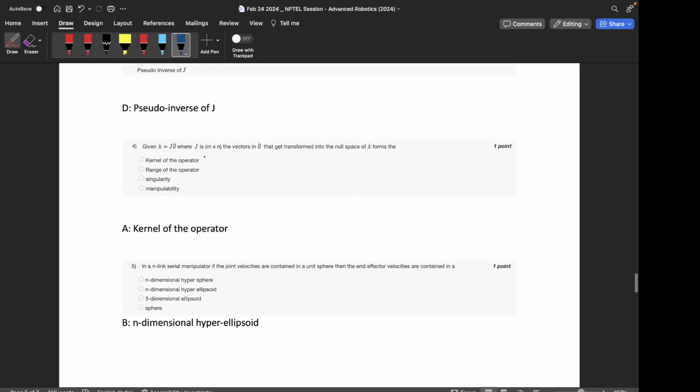The fourth question is, given x dot is equal to J theta dot, again the same relation, and J is not a square matrix, right? The vectors in theta dot that get transformed into the null space of x dot form the kernel of the operator. This is just mathematical terminology.